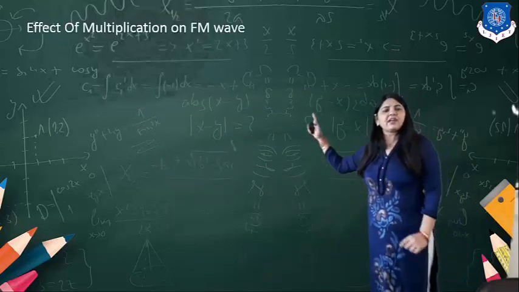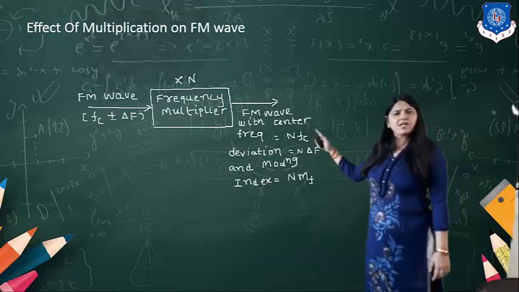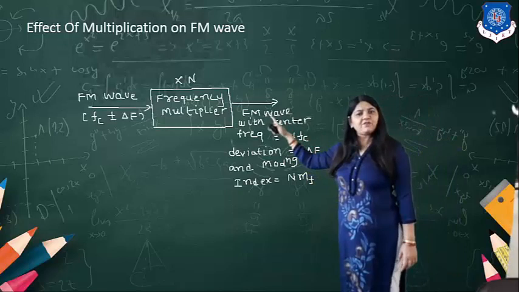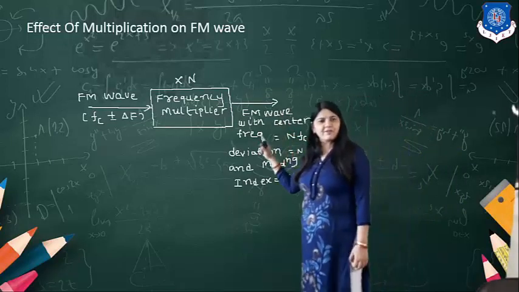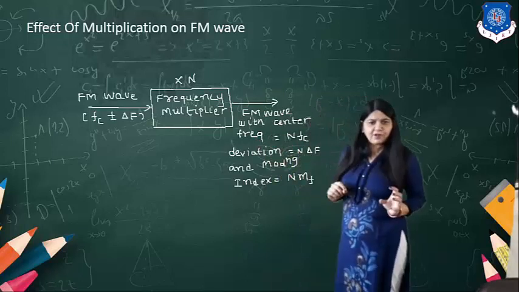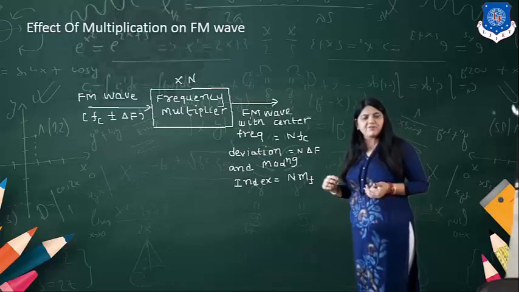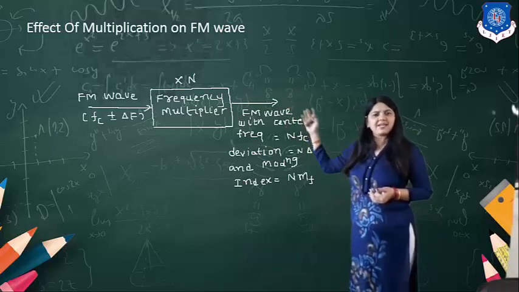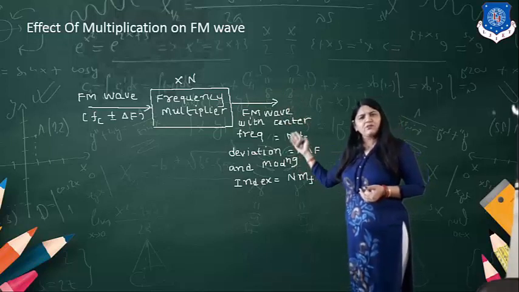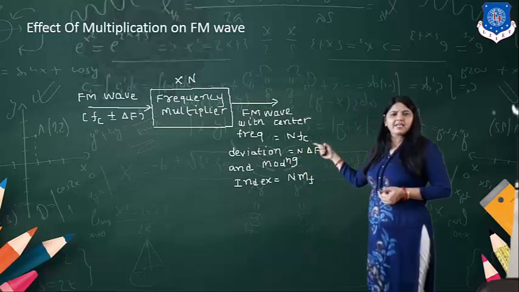Another is the effect of multiplication on the FM wave. For multiplication, a frequency multiplier is used. So we have the FM wave with carrier frequency Fc plus or minus delta F, and using the frequency multiplier, multiplying by N, we can generate the FM wave with center frequency N Fc.